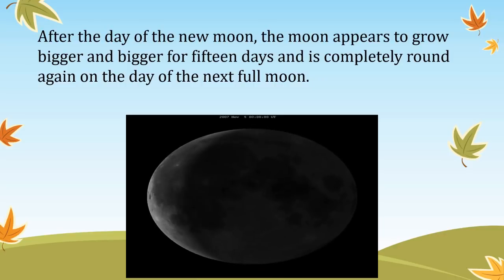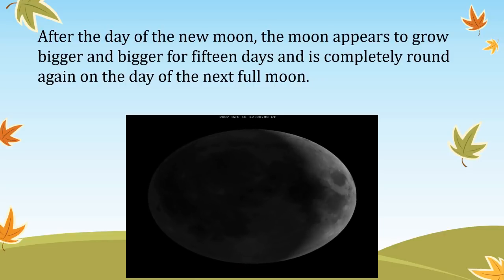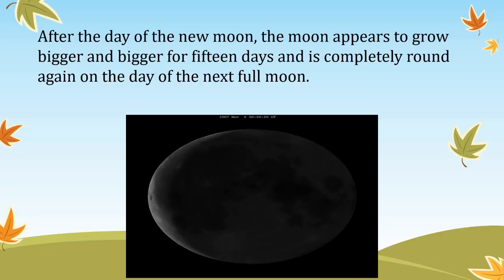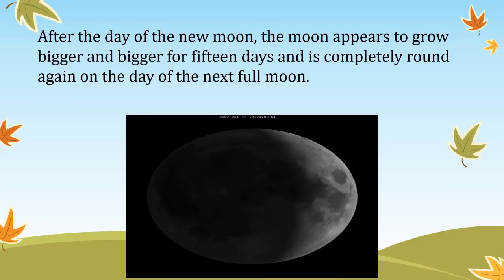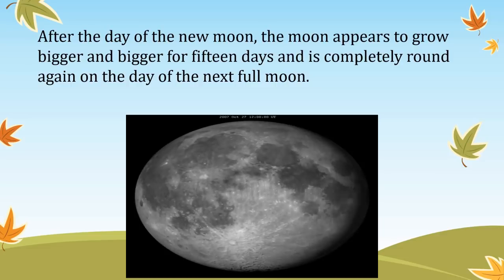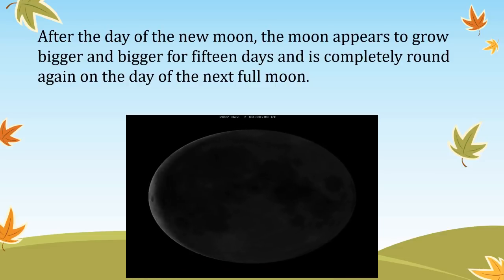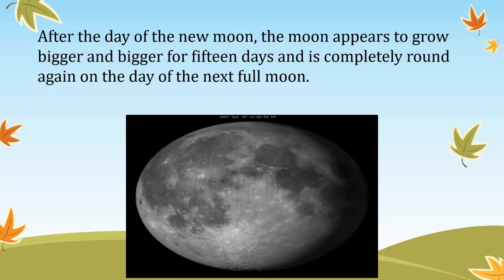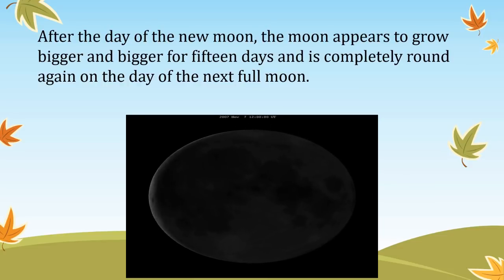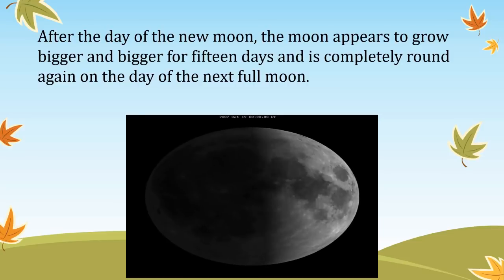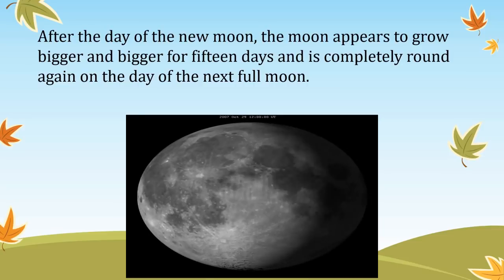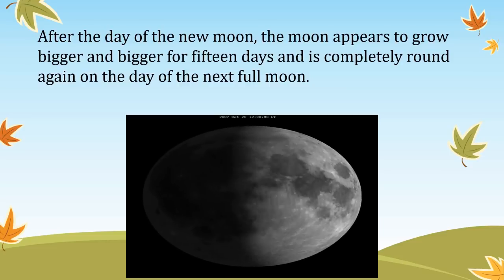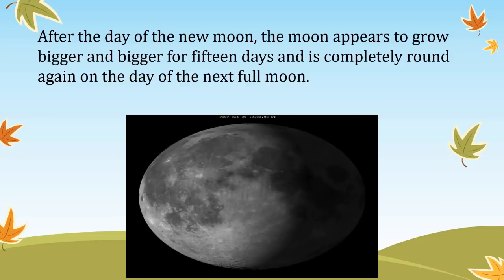Then on the 15th day, we cannot see the moon in the sky. It is called new moon day. Then again on the 16th day, the moon appears to grow bigger and bigger. For the next 15 days, and then again it is full moon day.